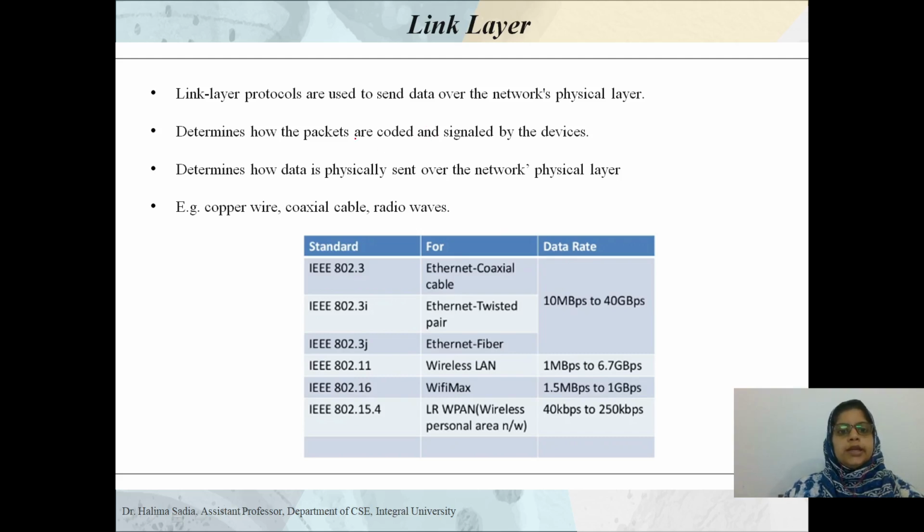Over here, the link layer protocols are basically used to send the data over the network, and it is basically related to the physical encoding of the particular data sets. It determines how the packets are coded and signaled by the devices.